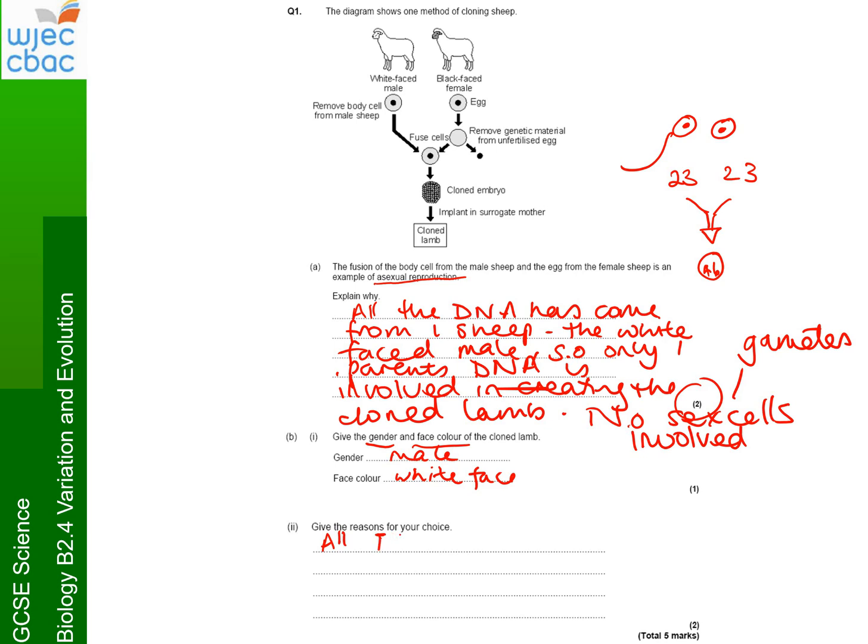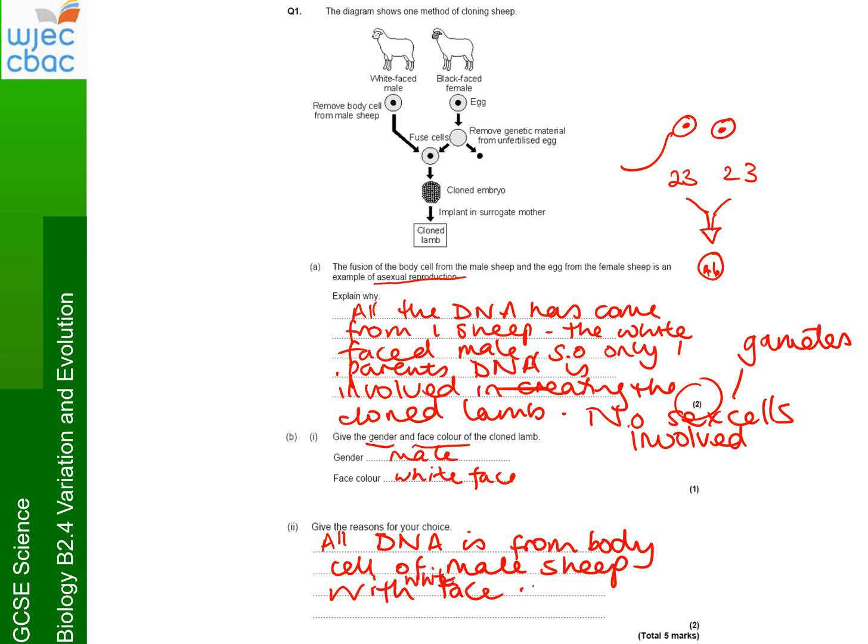So all DNA is from body cell of male sheep with the white face. So there is no DNA from the female, from the black-faced female. And what they're looking for is that the offspring is genetically identical or a clone.